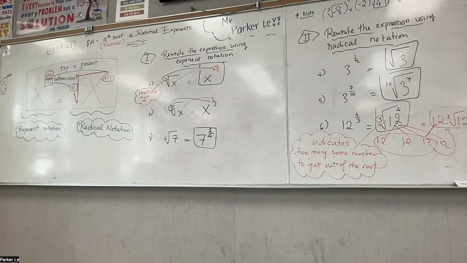You cannot do anything else. When you cannot do anything else, that's the final answer. If you break the 12, you don't find any 3 same numbers to go out. So they stay the same, they stay like this.